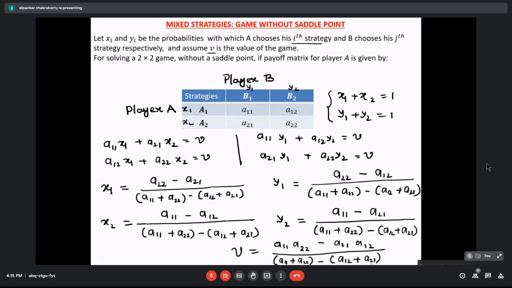If I'm considering a game of 3x4, then it is very difficult to solve that system of linear equations. So how to overcome this situation and how to find the solution. But please, if you have any question, anything to ask, you can ask me, please.